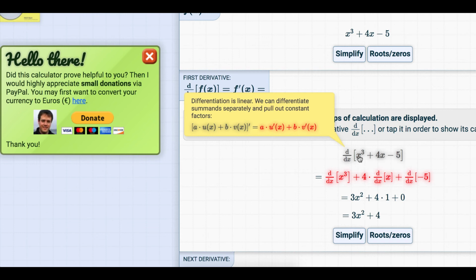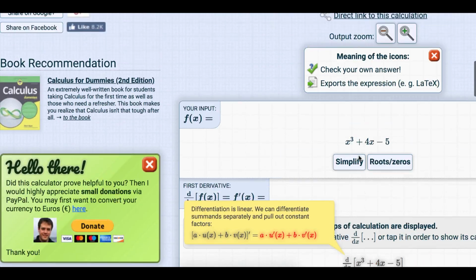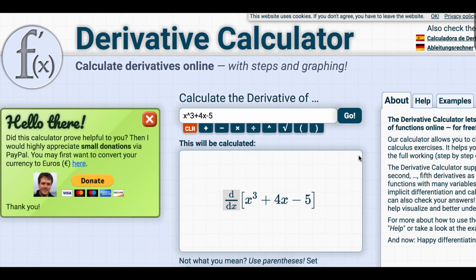I'm giving you this tool because if you use it, you have an infinite number of practice problems. You can plug in any function that you want, or functions that practice certain rules, let's say the constant rule or the multiple rule or the quotient rule or the chain rule.